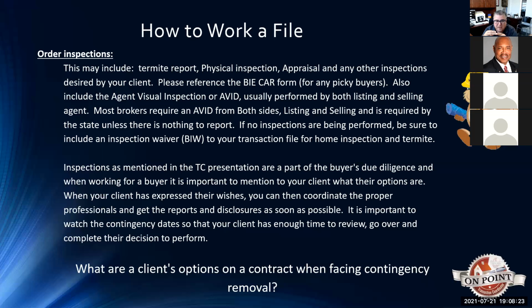So most of the time, sellers are reasonable. They understand that. So sometimes they'll meet you halfway, or maybe they'll meet you the whole way, right? And then obviously the third option would be cancel. So maybe there's just too much going on, where the value came in too low, or the inspection found a bunch of stuff wrong with the property.